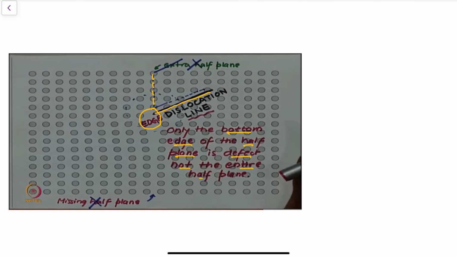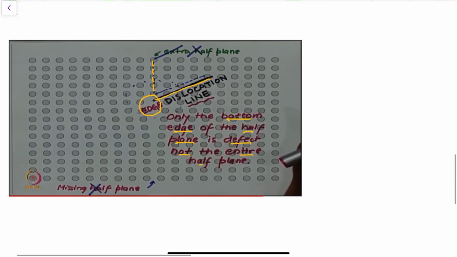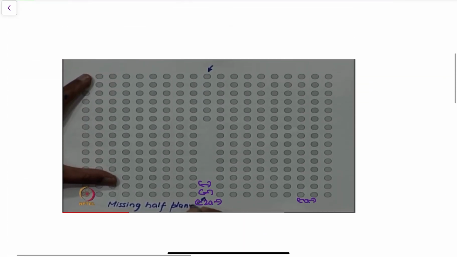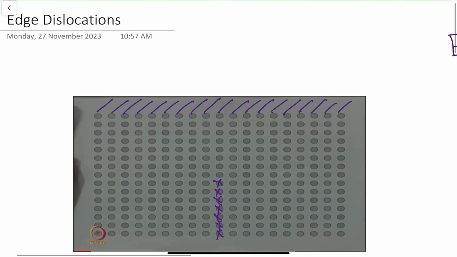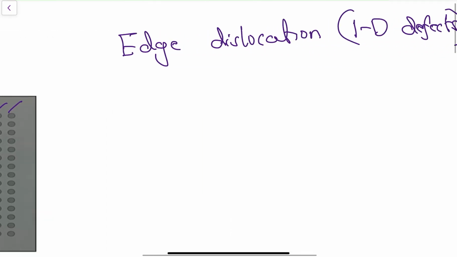That is an important point to note, because the upper portion does not have an extra half plane and the bottom portion does not have a missing half plane. The missing plane is only concentrated around the edge of the half plane. So the defect is only there, which is why this is called an edge dislocation line. So this is the one-dimensional defect.